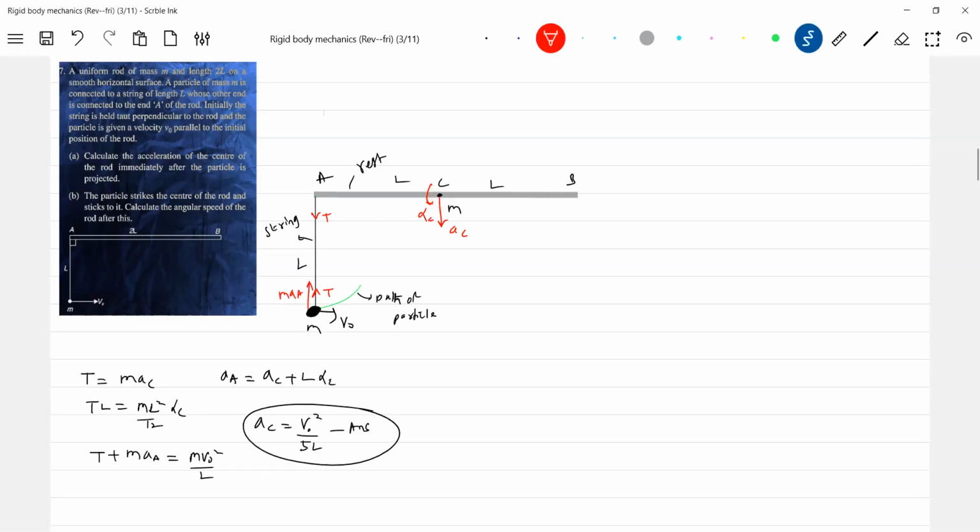The center of mass of the system will be somewhere here. In what direction will the center of mass have velocity? Center of mass, no? VCM, I'll write it. This was at instantaneous rest. This was at rest. This was in motion.